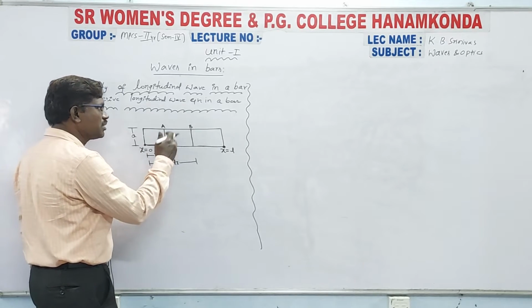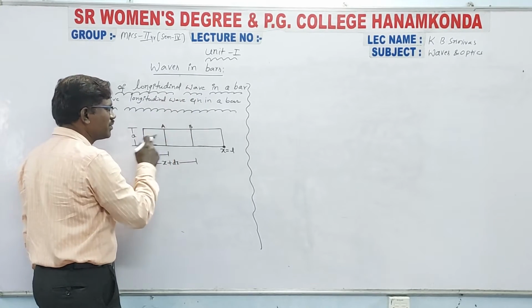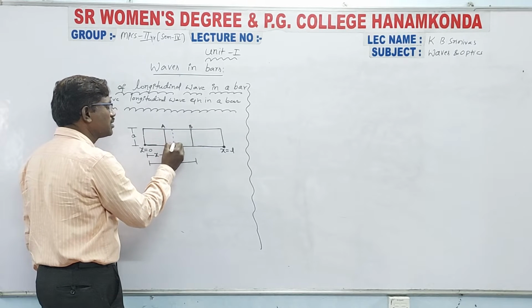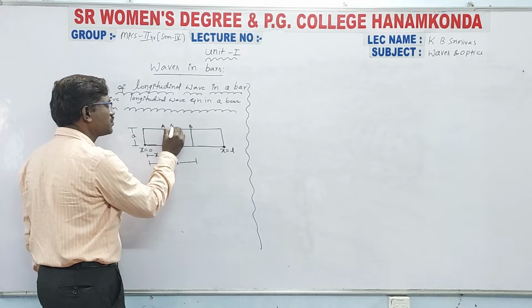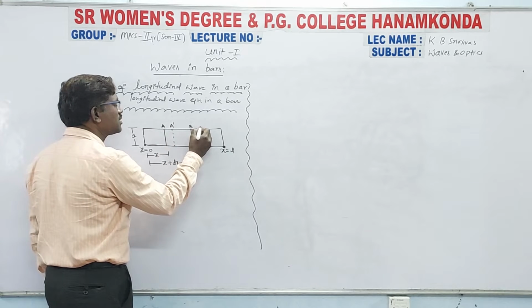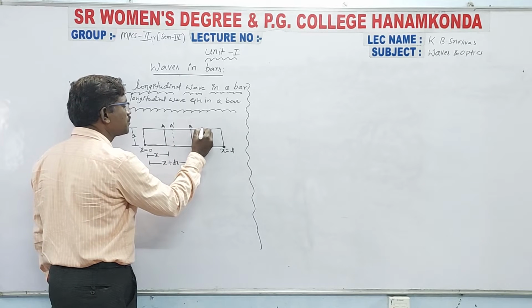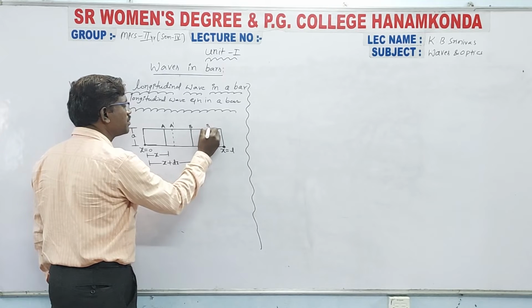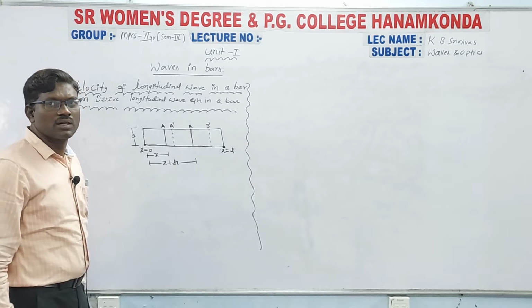Let us imagine that during the passage of this longitudinal wave through this bar, A displaces from this position to this position and B displaces to some B dash. Imagine like that, right?